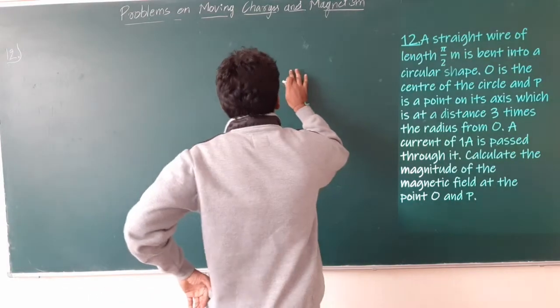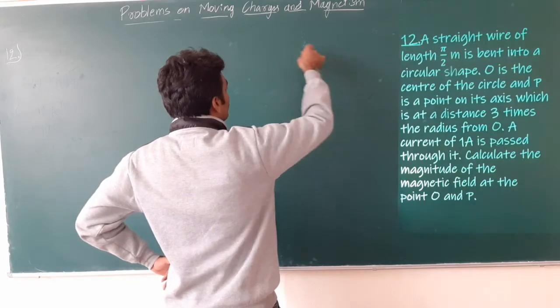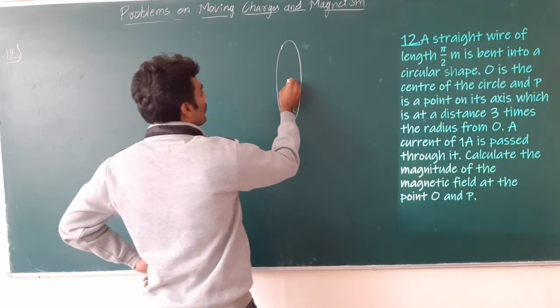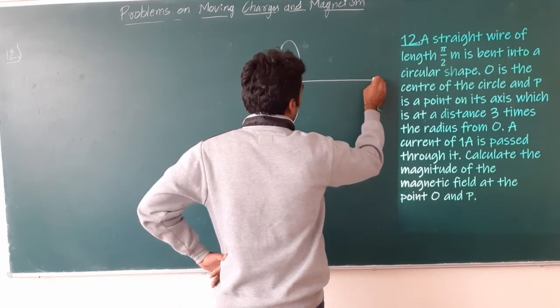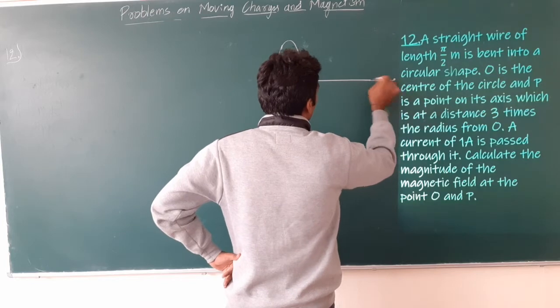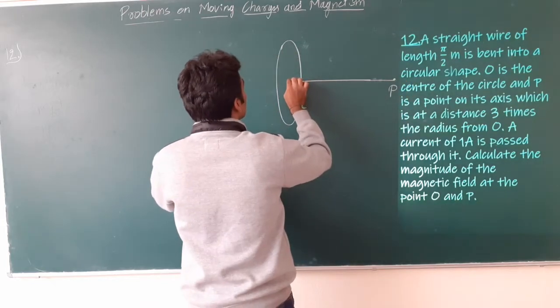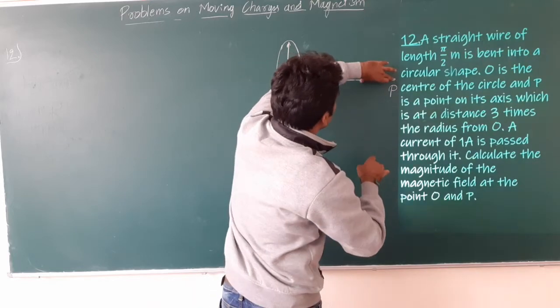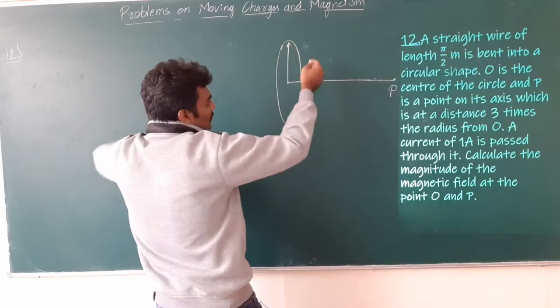Okay. Right, so I will not draw the circle like this, instead I will draw it in this way, in this plane, because I need a point P which is at a distance of 3 times the radius, 1, 2, 3 approx. So radius is also not given.